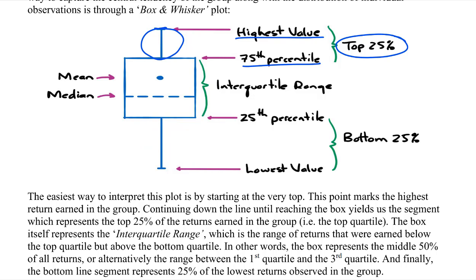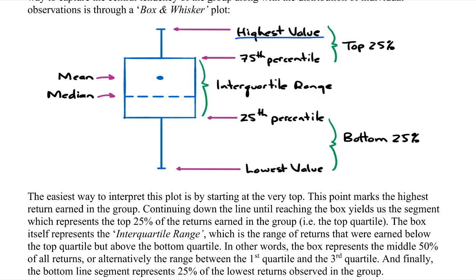And as we said, in between the 75th percentile here and the 25th percentile you have 50% of the observations, and that's referred to as the interquartile range. And you can see why it's called that, because this range here is in between the top quarter and the bottom quarter.